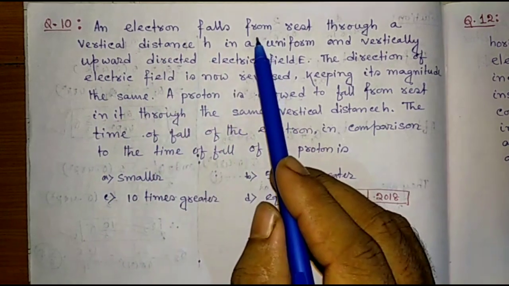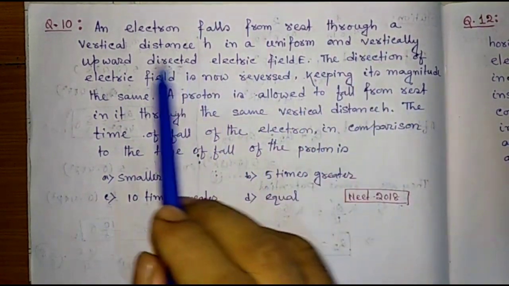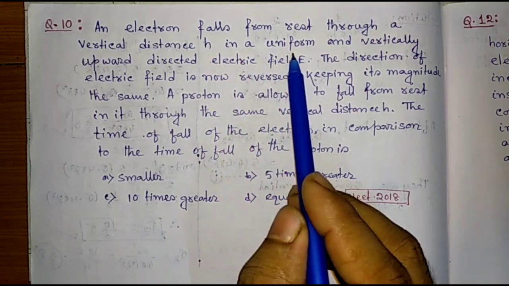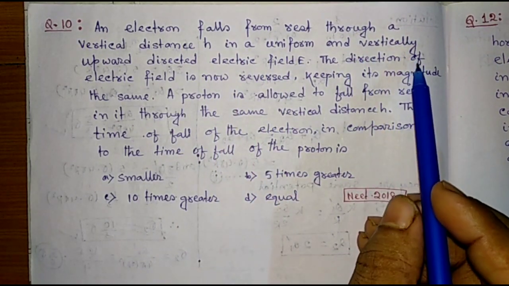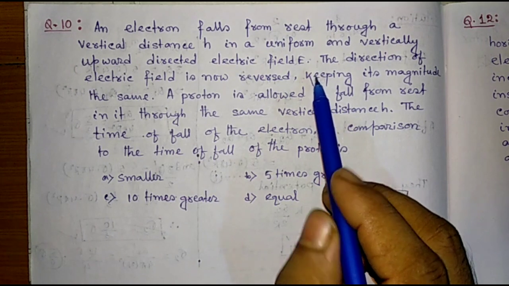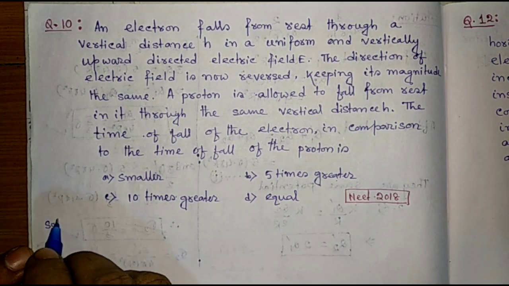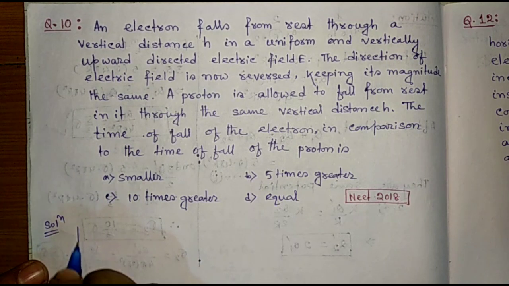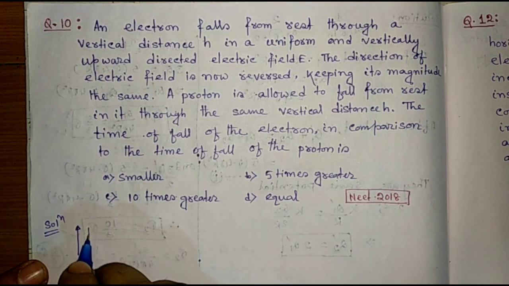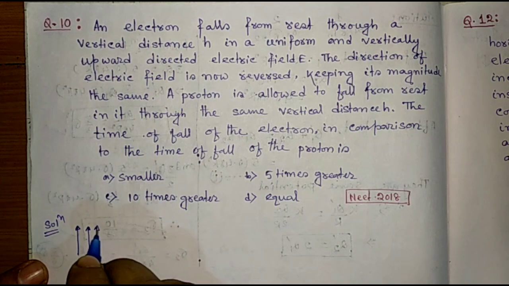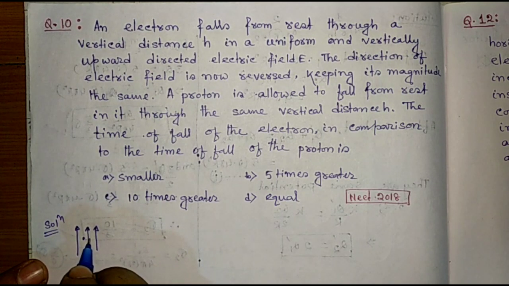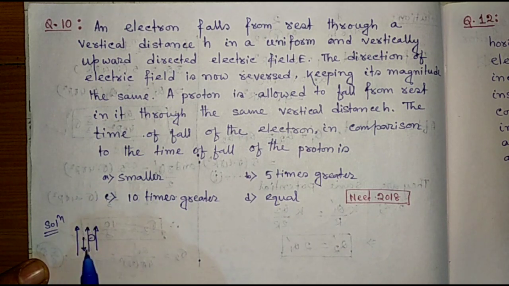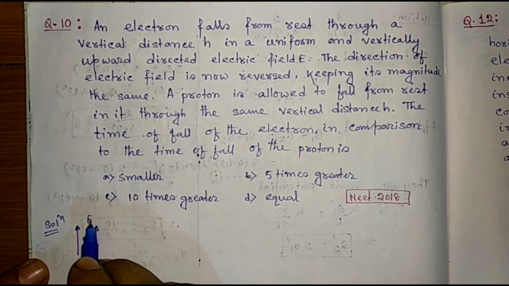An electron falls from rest through a vertical distance h in a uniform and vertically upward directed electric field E. This is the vertically upward directed electric field, and the electron is falling from rest downward, so it gets accelerated in the downward direction because the upward direction is the direction of the electric field.